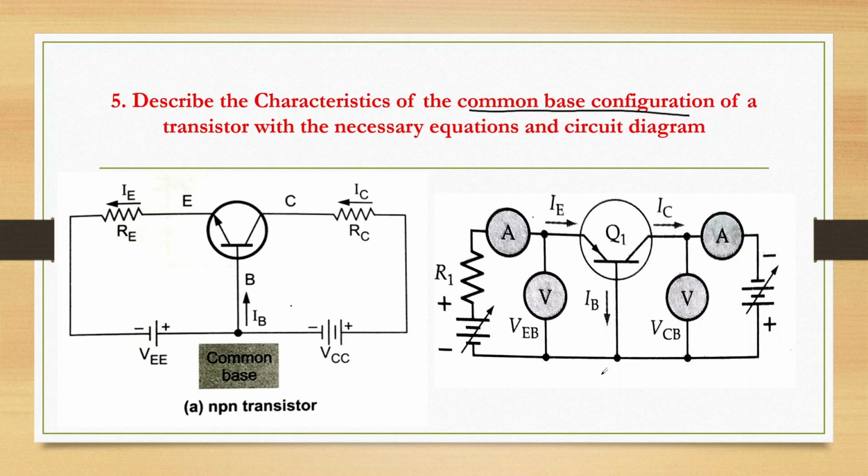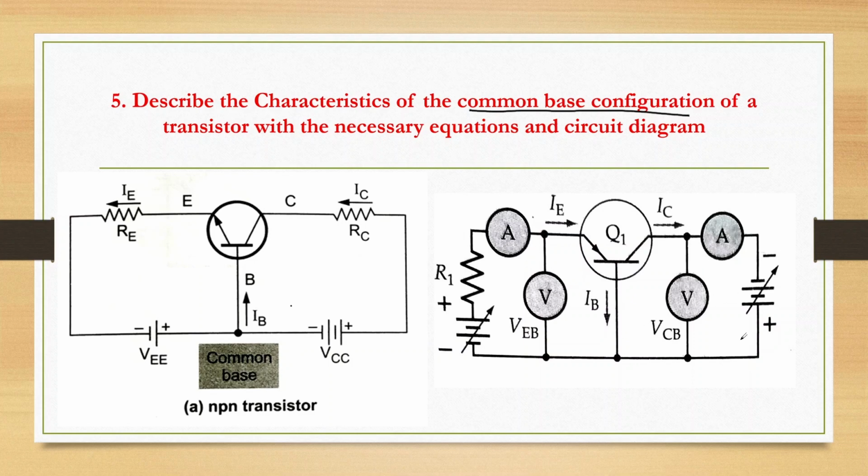We are doing it as a lab experiment, so we connect voltmeters and milliammeters across the different voltages and currents. This voltmeter is used to measure the base emitter voltage. This milliammeter measures the input current which is entering.